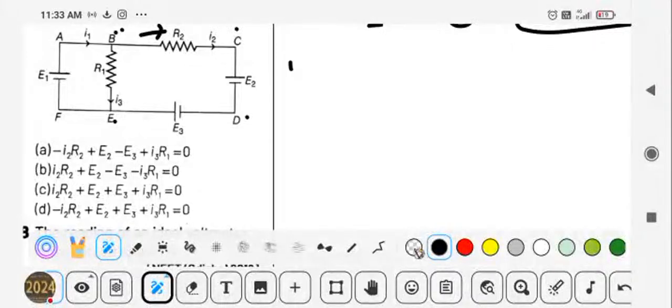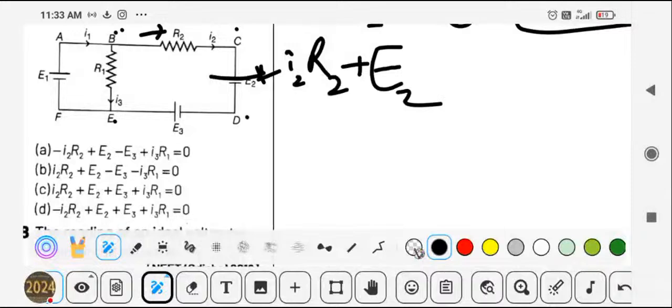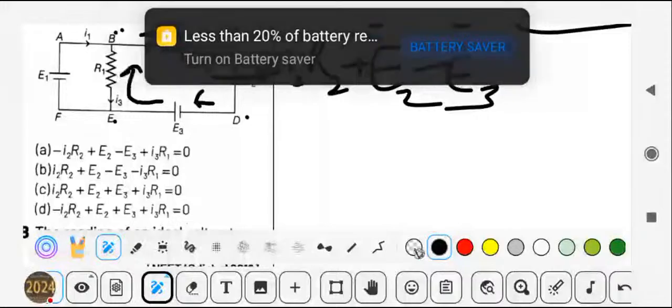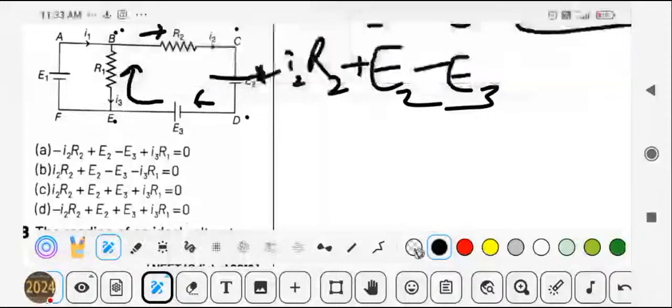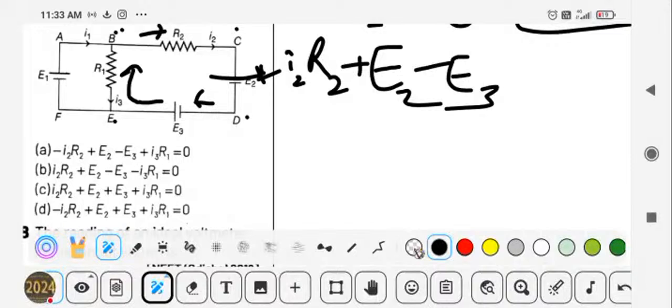So just write this I2 R2. Okay. I have told, if there is a positive first, then we have to get the positive value of the voltage, so we can write that as E2. Again if you go here, a negative is coming, so minus that is E1. Again if you go in this direction, you can write this from positive, but the direction of I3 here is coming in the reverse direction. I have told if it is in the direction of current, then resistance will be positive.